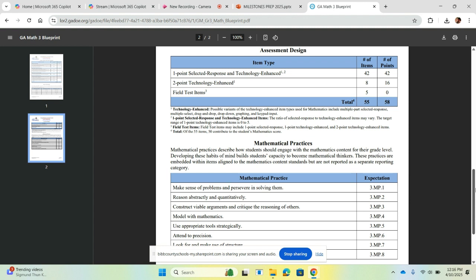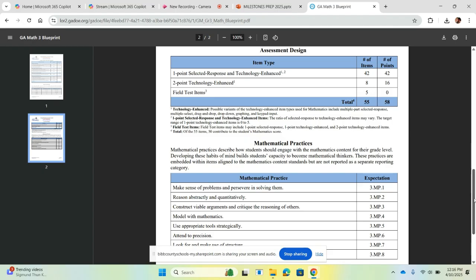Fortunately, those field test questions won't really count against them. The points available for those field test questions are not going to be held against them if they get them wrong. So they're going to be getting a total of 58 points, and that's going to come directly from the 2-point technology enhanced questions and the 1-point selective response questions.